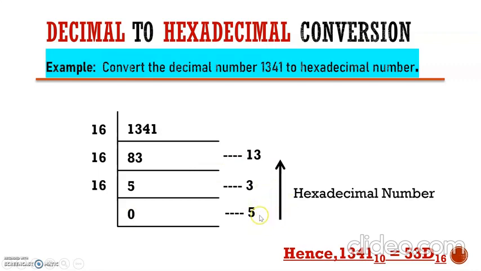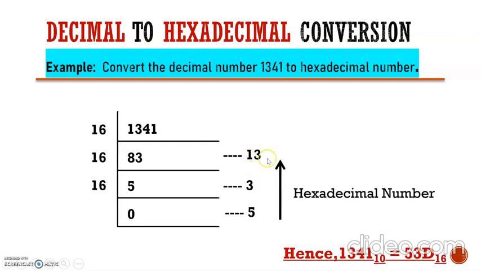Make sure you take from the last remainder, or the bottom one up. So we have 5, 3, 13 as the answer. But remember to change any number above 9, meaning 10, 11, 12, 13, 14, 15.